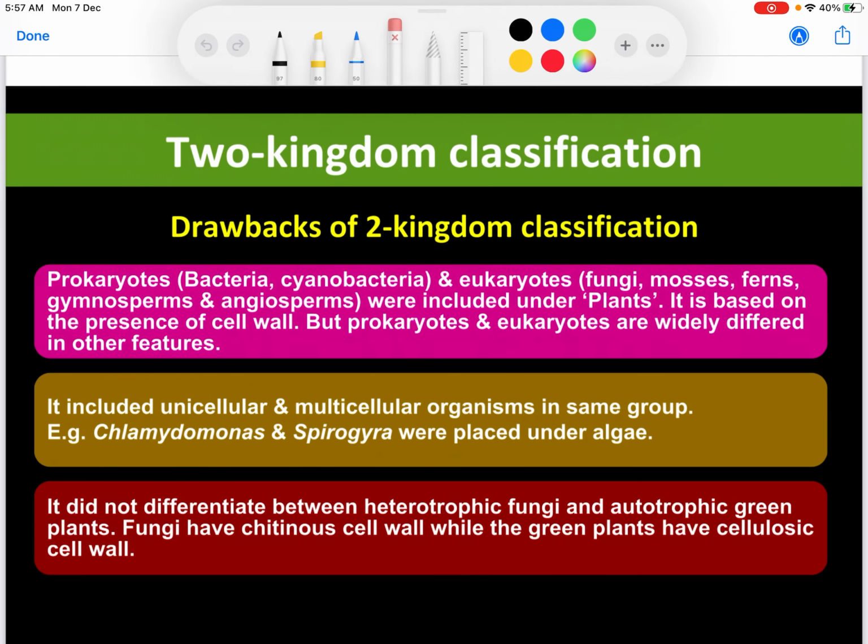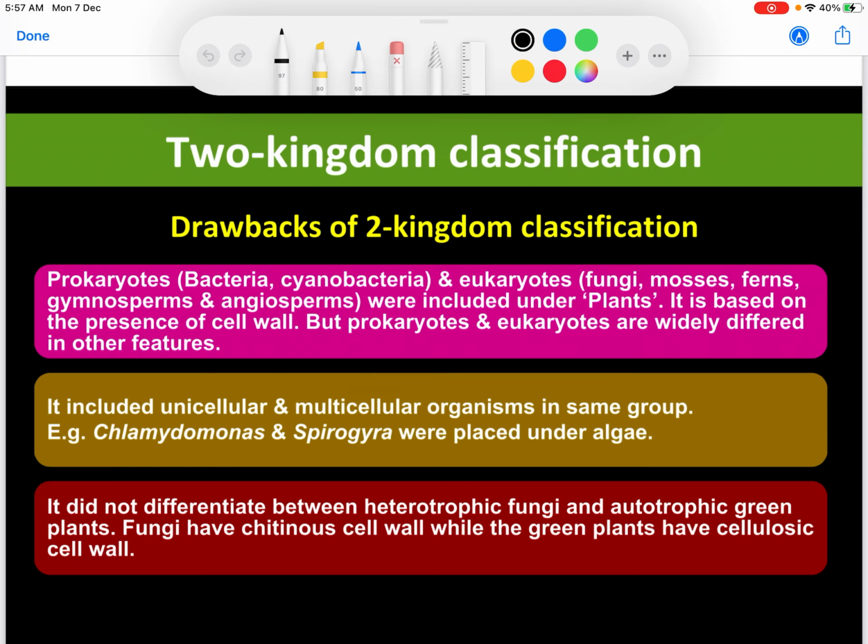Now, two kingdom classification right now is not acceptable because of a few drawbacks. Now, which are they?